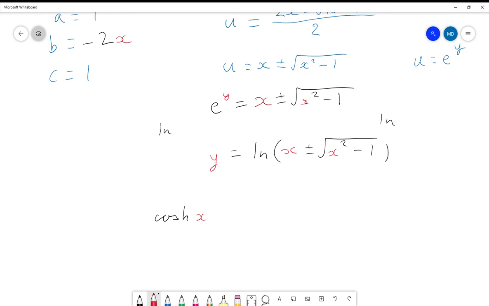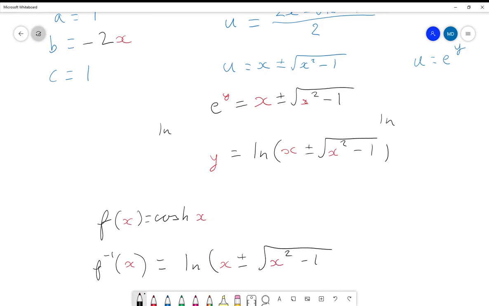If we have f of x equals cosh of x, then f inverse of x is going to be equal to the natural log of x plus or minus the square root of x squared minus 1.